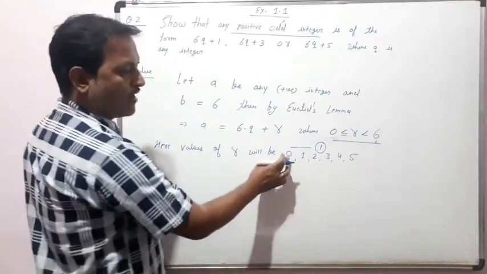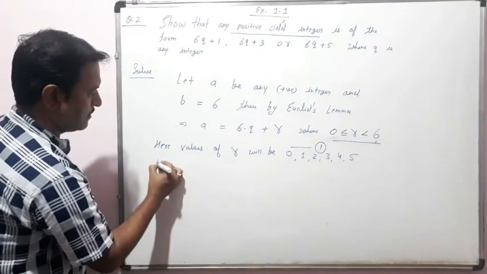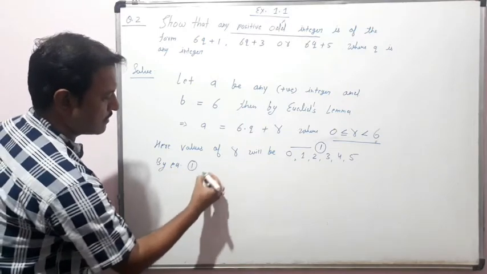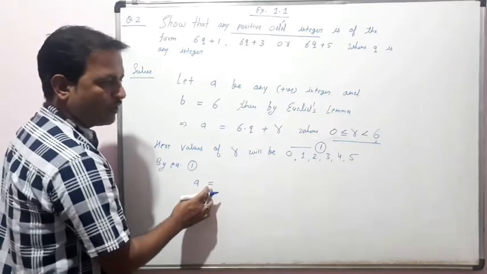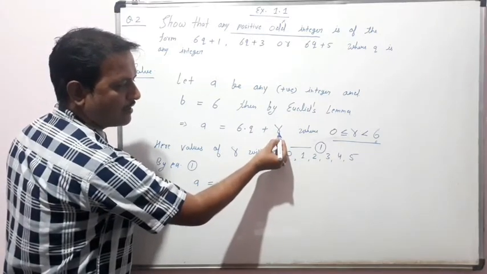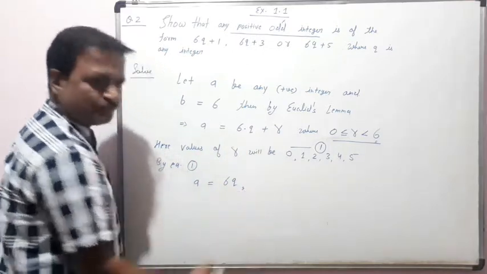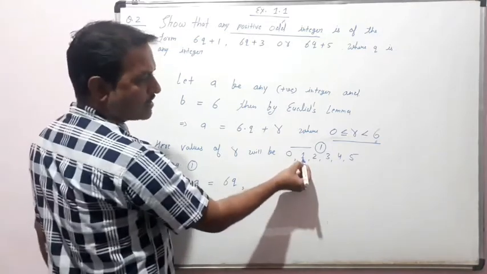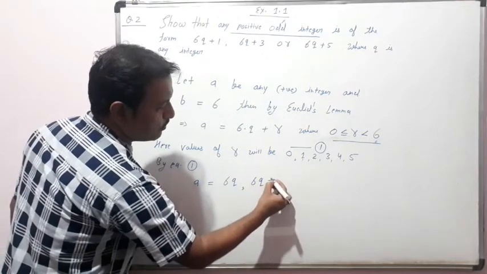So if we put these values one by one in equation number 1, by equation 1 the values of a will be what? If you put 0 in place of r, we get a equal to 6q. If you put 1 in place of r, you get 6q plus 1.